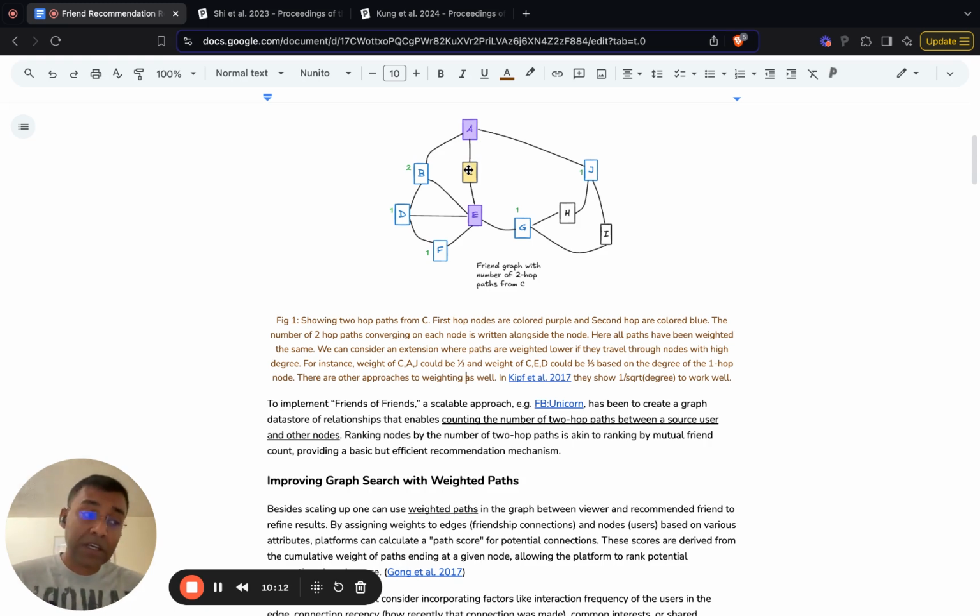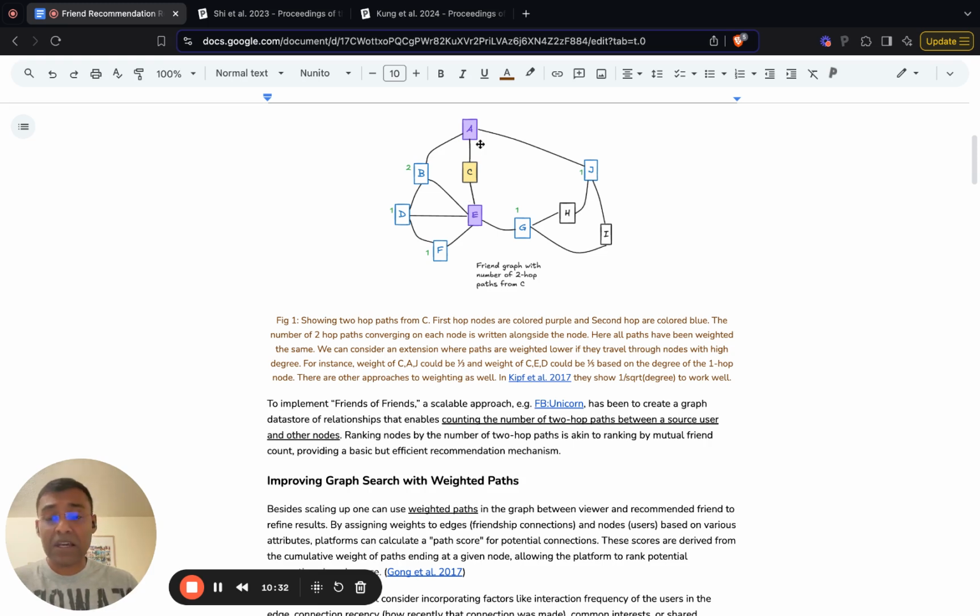And what are the features? The features we have are the number of friends of this first degree friend, the number of paths going out of this node. Maybe you could look at how recently the relationship between C, the viewer, and this first degree was set up.